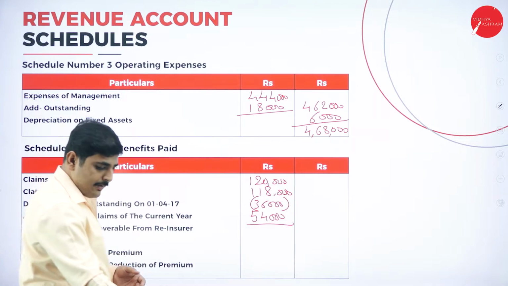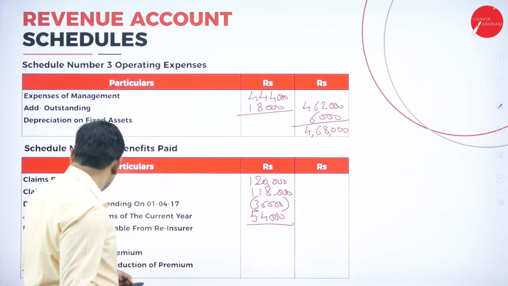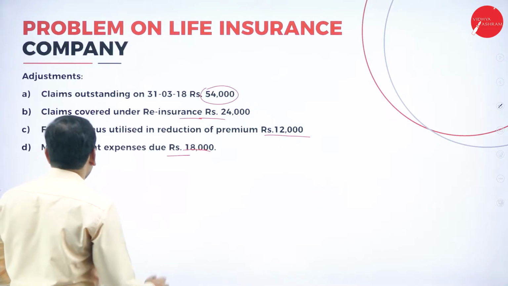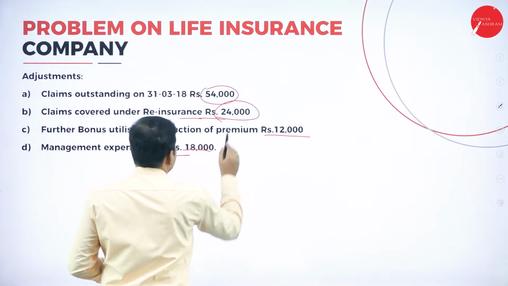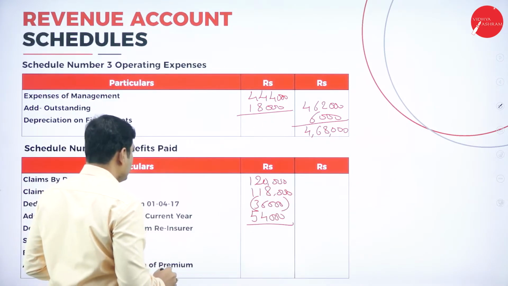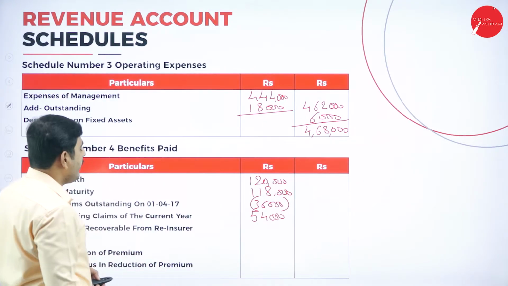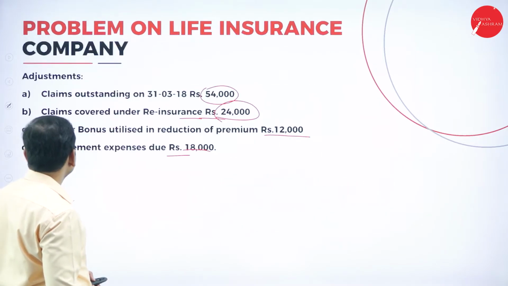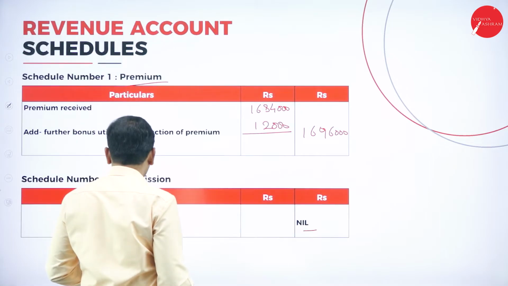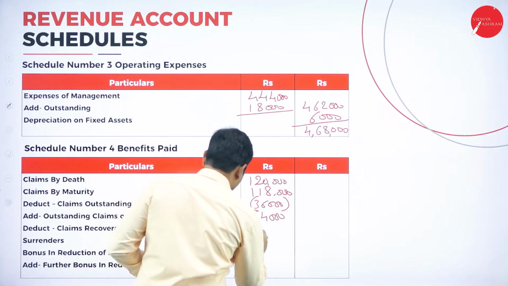And also we are having claims recoverable from reinsurer. See here, claims recoverable from reinsurer is 24,000. So deduct this 24,000.